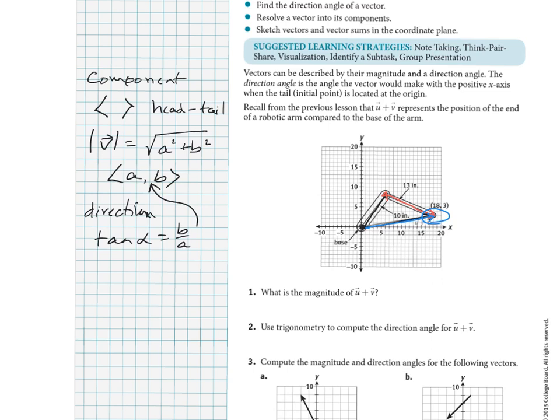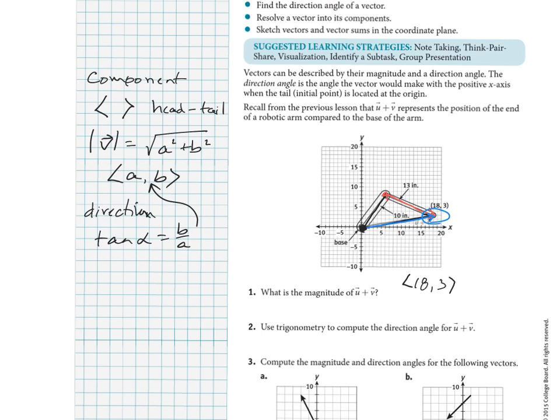So let's take a look at problem number 1 here, the magnitude of u plus v. Well, it's helpful if we have it written in component form. Now, when it's in standard form like this, standard form means that the tail, the point, is at 0, 0, which is exactly what we have. So our component form for the vector of u plus v, which doesn't have a name of its own, is <18, 3>.